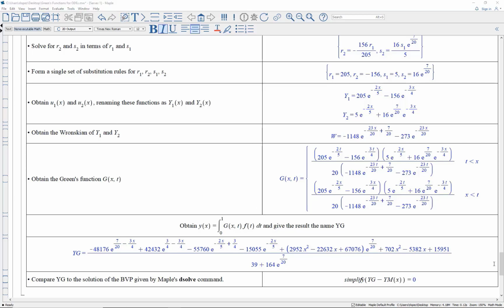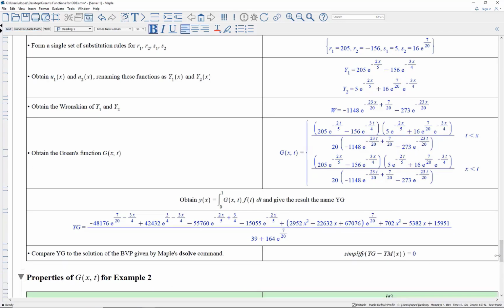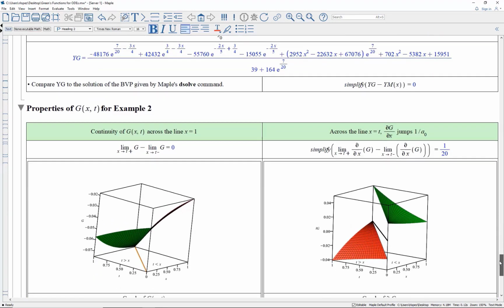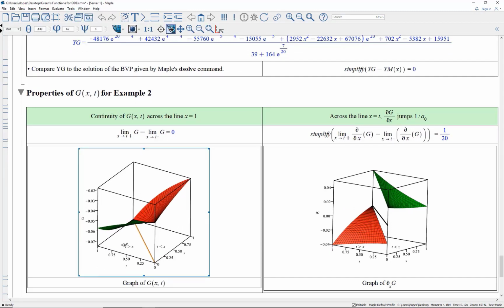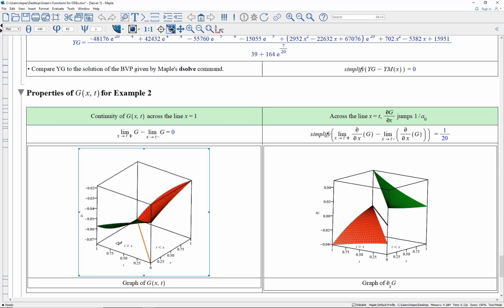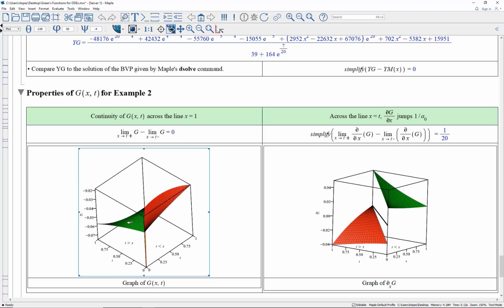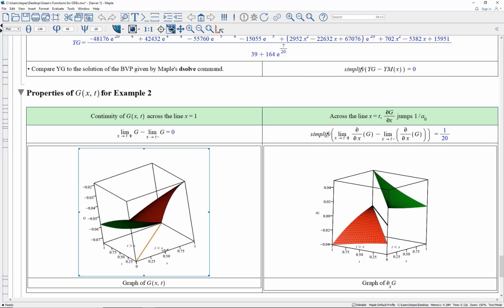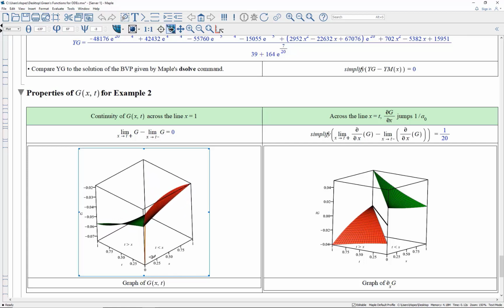So we've gotten this Green's function. Let's take a look at some of its properties, analytical and graphical. Here is the graph of G. It's a continuous function. The piece where x is less than t is here. The piece where x is greater than t is here. You'll notice that the line x equals t is where these two pieces are pasted together.